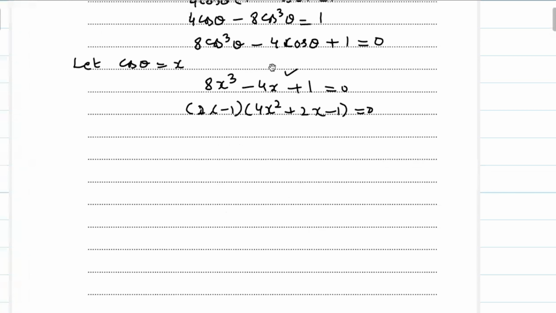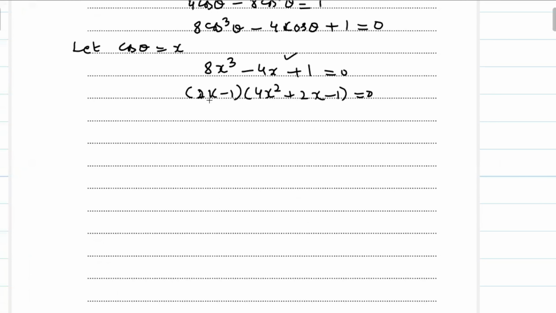Now we simplify this equation. You see here, 2x minus 1 equal to 0, or 4x squared plus 2x minus 1 equal to 0.